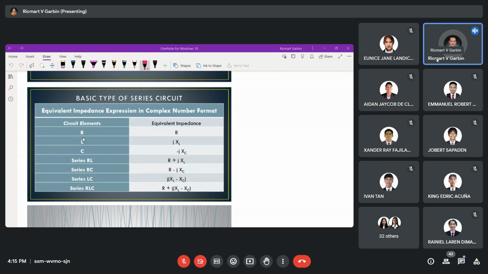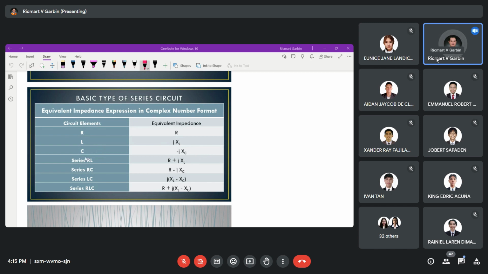So if we have a resistor, yung equivalent impedance natin is R. Then if you have an inductor, so that is JXL, wherein yung XL natin or the inductive reactance is equal to 2 pi FL or omega L. Then for our capacitive reactance or capacitor, we have negative J X sub C wherein X sub C is equal to 1 over 2 pi FC or 1 over omega C.